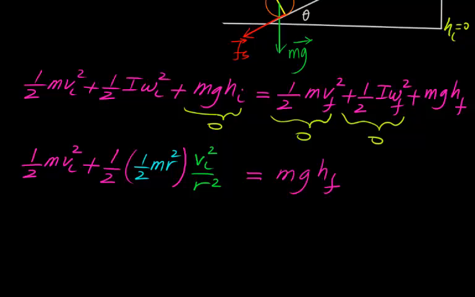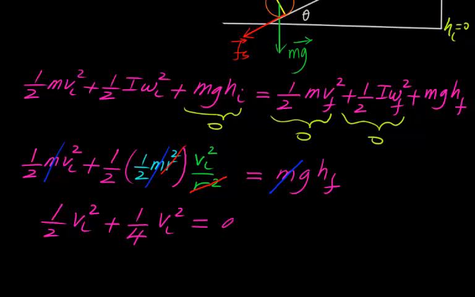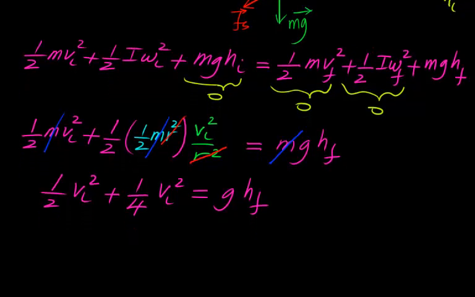Notice that the r squared are going to cancel out from the left hand side. Notice also that the mass is a common factor, therefore it is going to cancel out. Therefore the equation is now simplified to 1/2 v initial squared plus 1/4 v initial squared equals gh final.